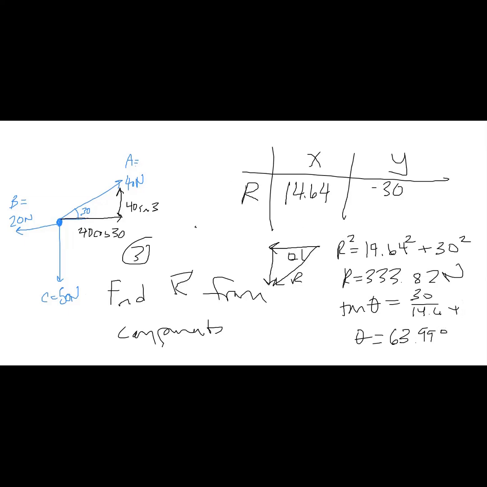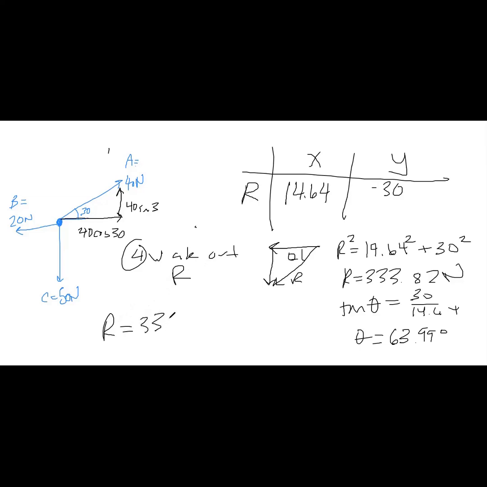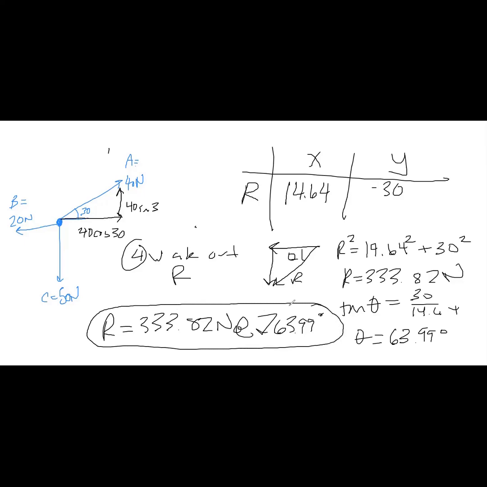Then our final step, step 4: write out R. R equals 33.38 newtons at an angle in the third quadrant of 63.99 degrees. And there we have it. That is how you find resultants of concurrent force systems.